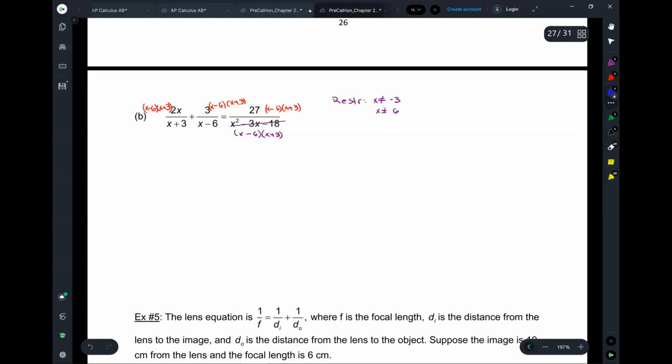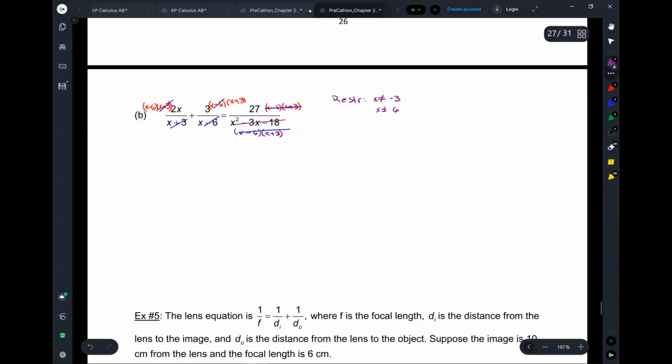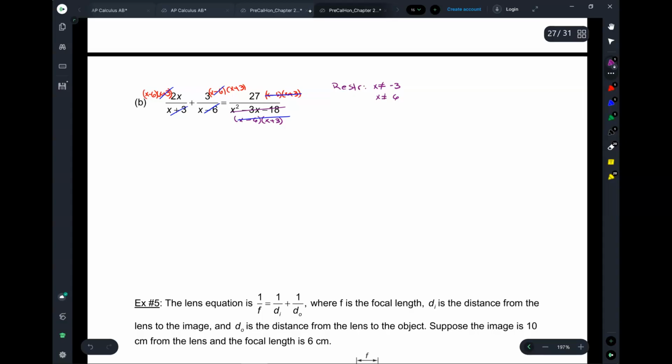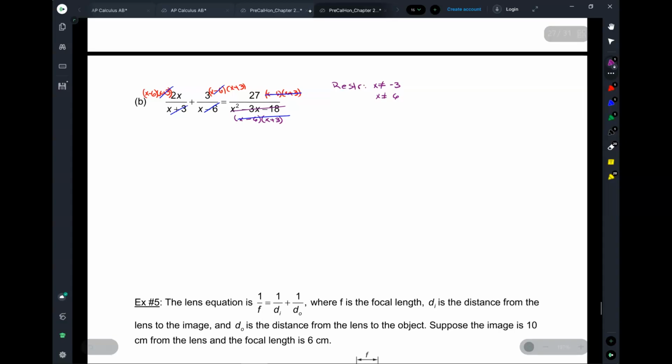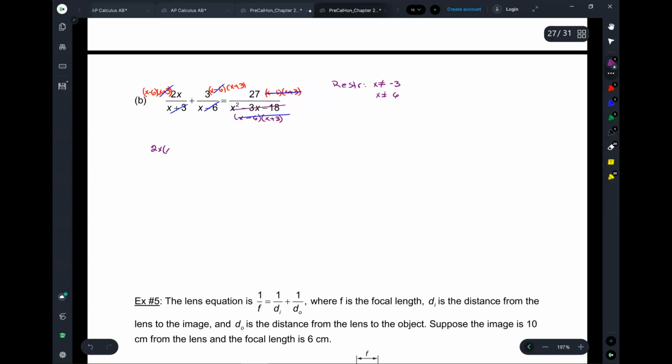Okay, let's see what cancels. The x plus 3's cancel here. x minus 6's cancel here, and everything cancels here. The most important thing here is bookkeeping. You just want to make sure that you don't lose sight of any terms because that's very, very easy to do. Okay, so what I have here is 2x times x minus 6 plus 3x plus 3 equal to 27.